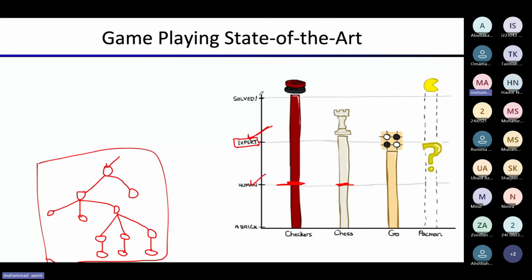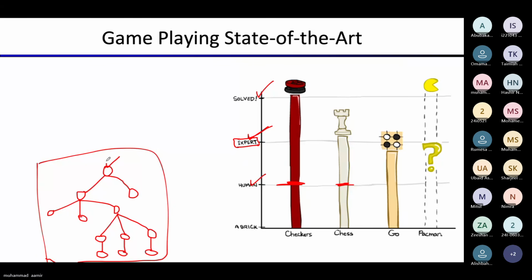And then the solved step is even more than the expert. What does this mean? What we were saying is that a human level expertise of any game means, if a human is an expert, the human can foresee where the game will go in the future. Either this game will tie, or I will win this game, or maybe I will lose this game and my opponent will win.